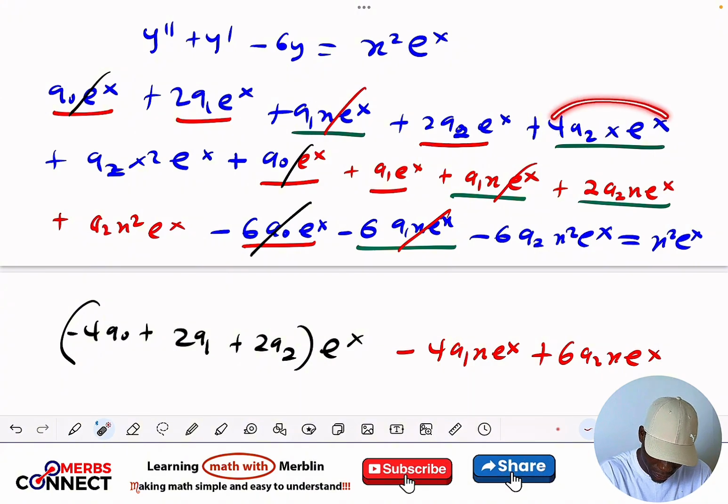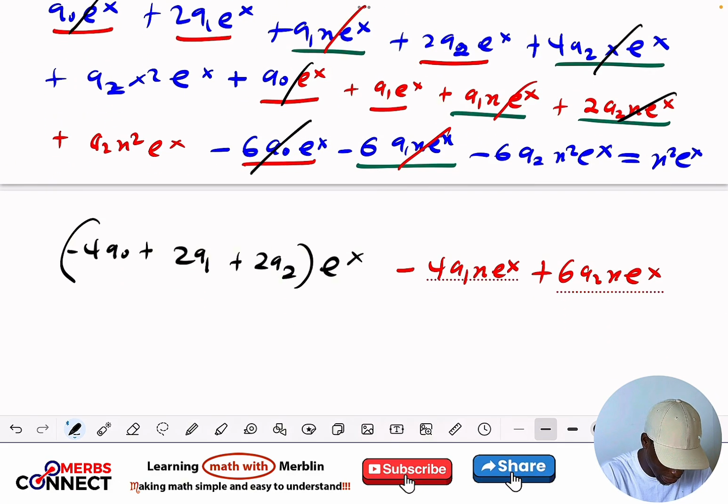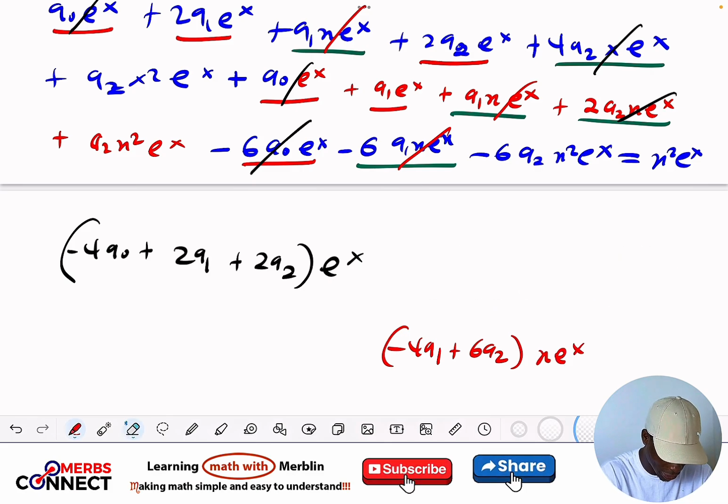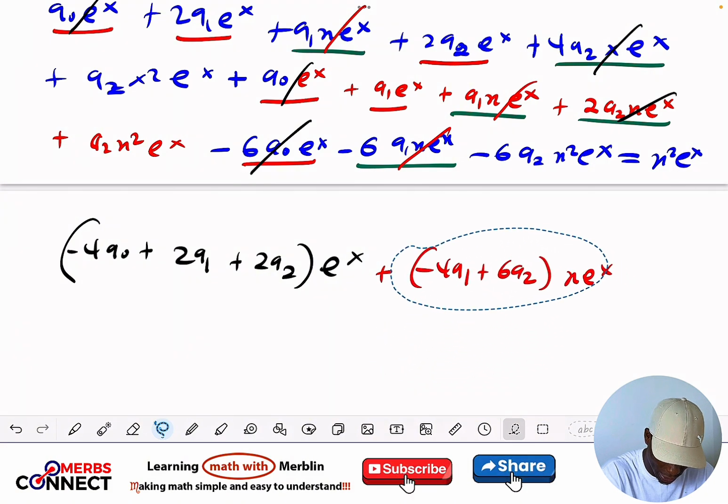Is that true? I don't want to make a mistake. Okay, it's true. So I can add this and this. So all the green ones are gone. So I can rewrite this one as minus 4a1 plus 6a2 all times x e to the power x. So I can clean this one and then put it there. So plus this one also there, right there.